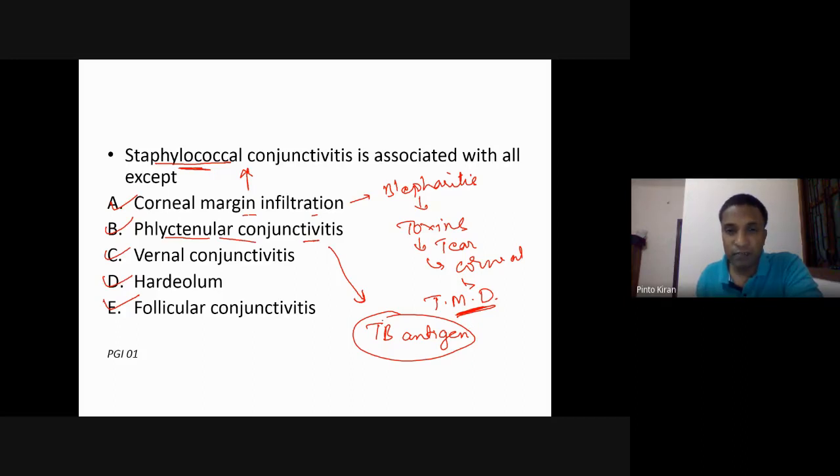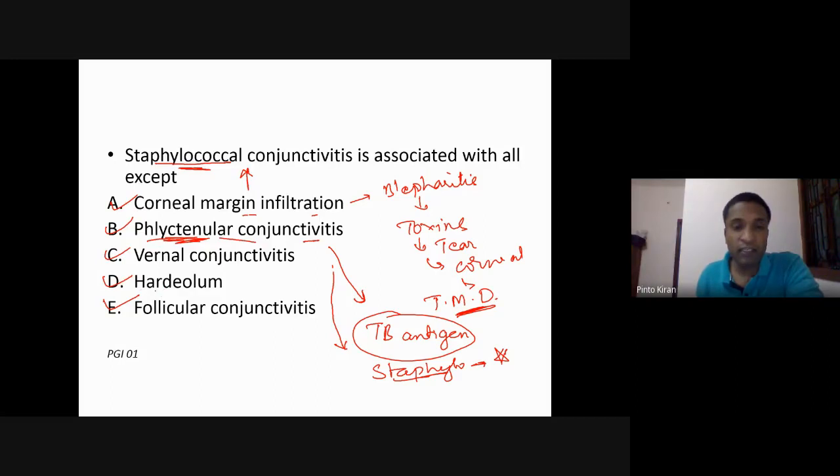Now TB is becoming less and less prevalent, and staphylococcal infection is becoming more and more common. So now the most common cause for phlyctenular conjunctivitis is the staphylococcal infection. You should remember this. So staphylococcal conjunctivitis can also cause phlyctenular conjunctivitis.